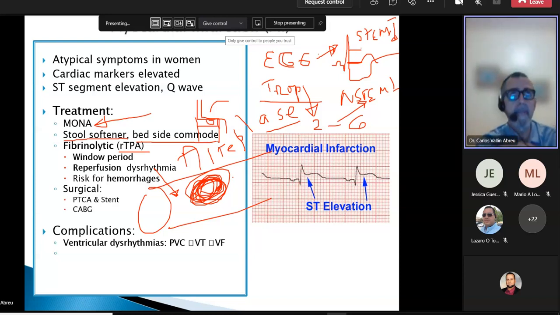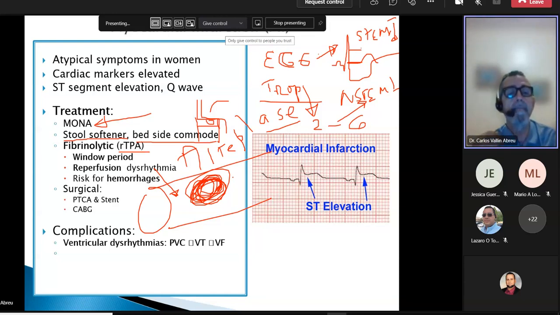So an important detail that a nurse needs to report to the doctor is, as exactly as possible, at what time the pain started. And you need to know that the main side effect of alteplase is risk for hemorrhages.